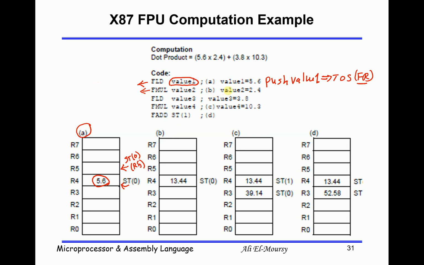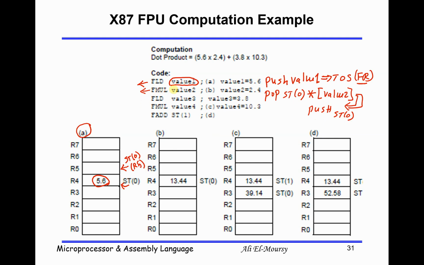It pops ST0, multiplies it by the value at the memory location value 2, and then pushes the result back into the location of ST0. So this instruction is taking the value 5.6, multiplying it by value 2, and pushing it back into the same location.